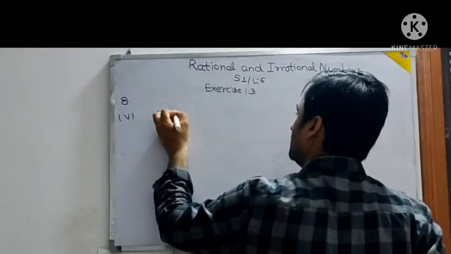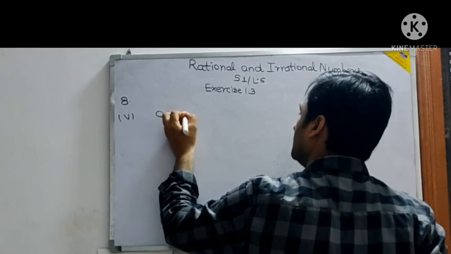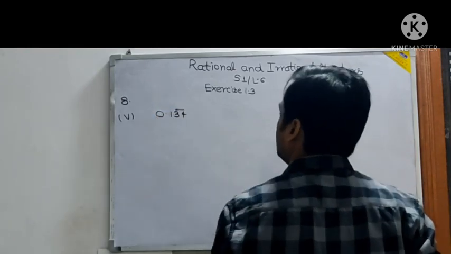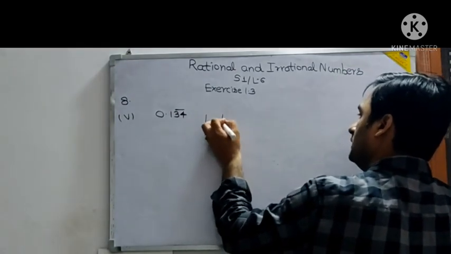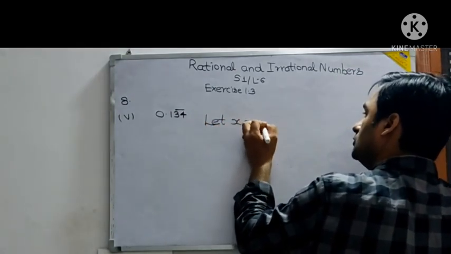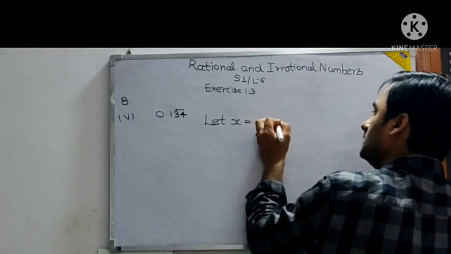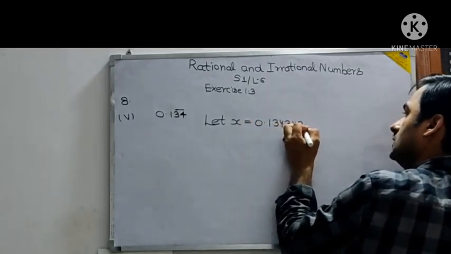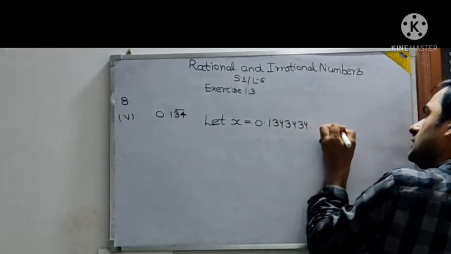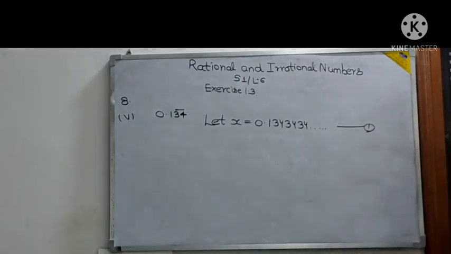So 0.1 and then bar on 3 and 4 is there. That means 34 is the repeating decimal. So right here let x equal to 0.13434 dot dot dot. This is equation number 1.